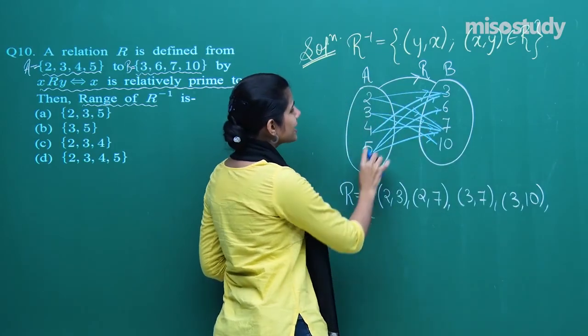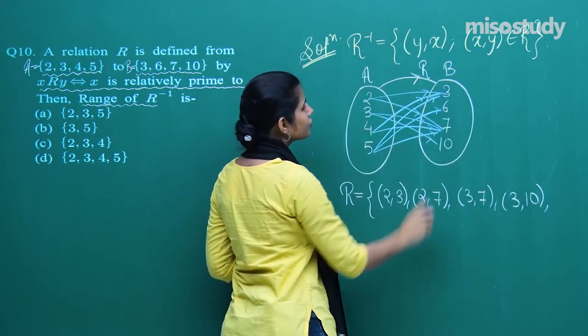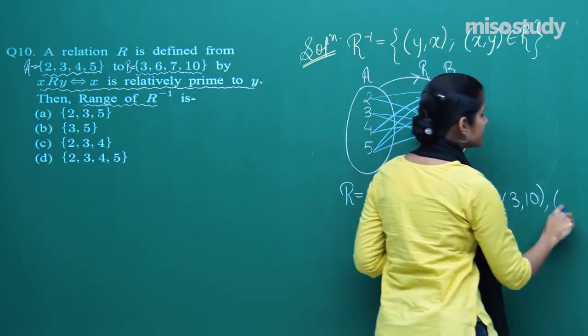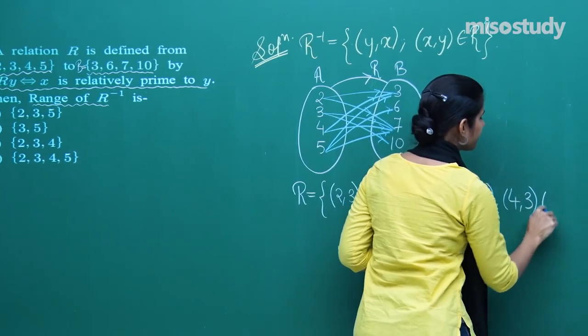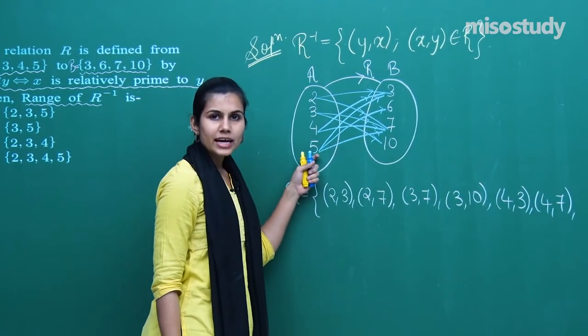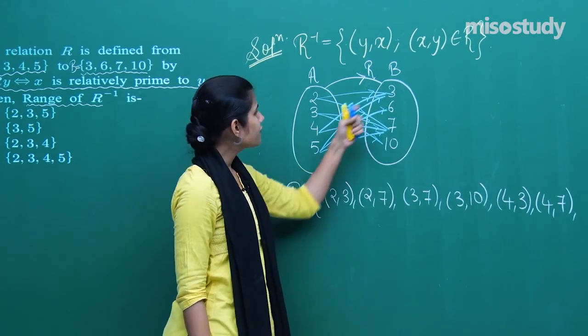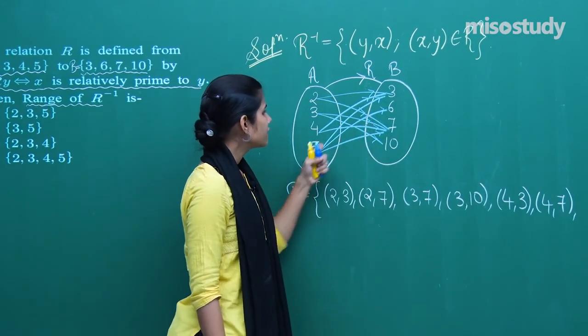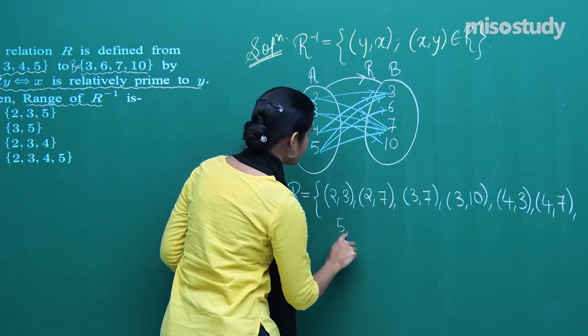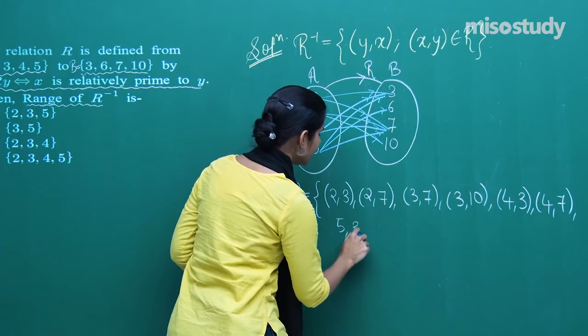Then I have 2 arrows again starting from 4 terminating at 3 and 7, giving me 4, 3 and 4, 7. And I have from 5, 3 arrows emerging, 5, 3, 5, 6, 5, 7, these 3 ordered pairs I will be writing corresponding to these 3 arrows.